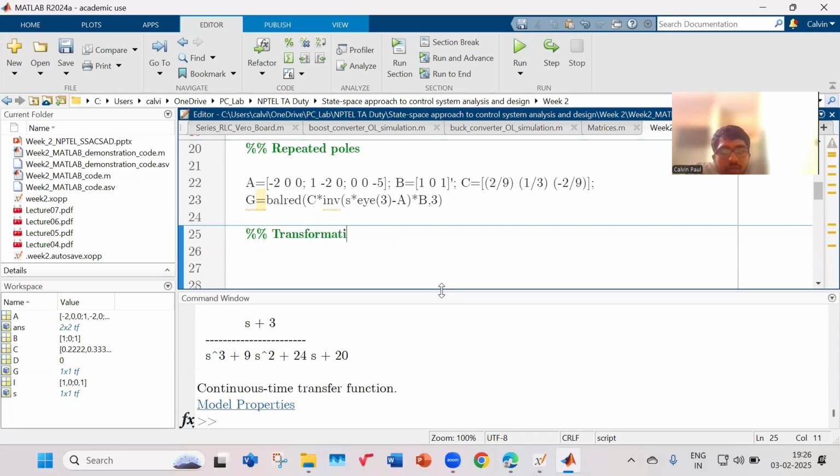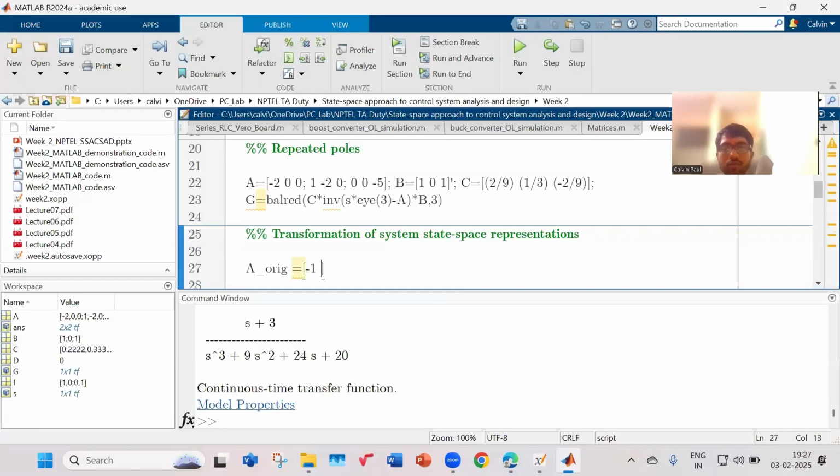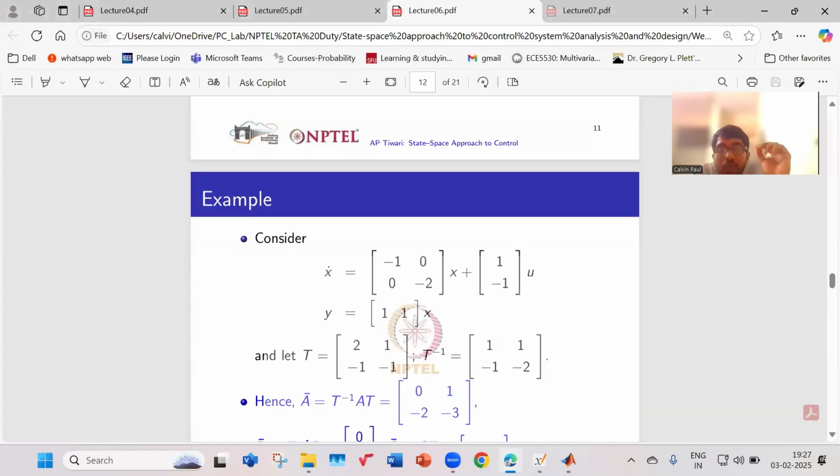Transformation of system representation. So this is the original system, A original. What is it given by? -1, 0, 0, -2. And B is given by 1, -1.